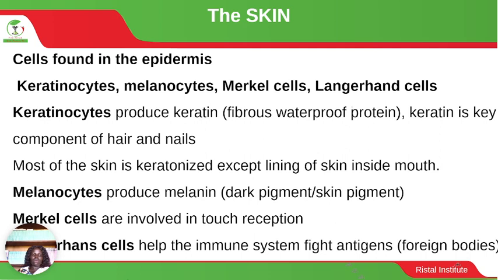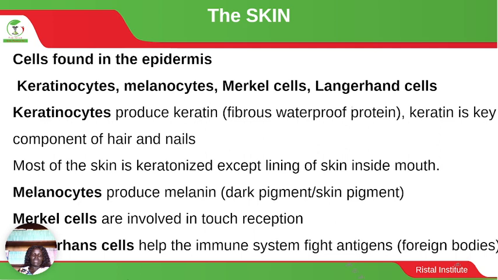Those are the cells. So let us start looking at them one by one. We start with keratinocytes. Keratinocytes produce keratin, or in brackets, fibrous waterproof protein. Keratin is a key component of hair and nails. Most of the skin is keratinized except the lining of the skin inside the mouth.